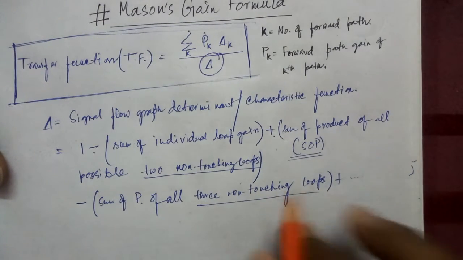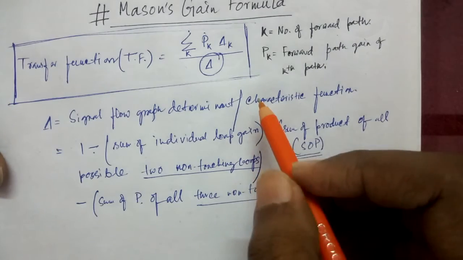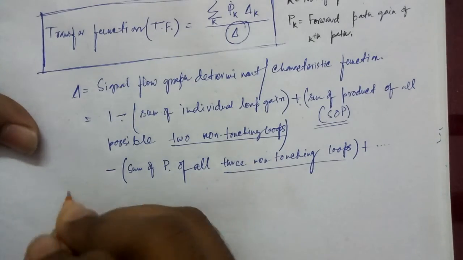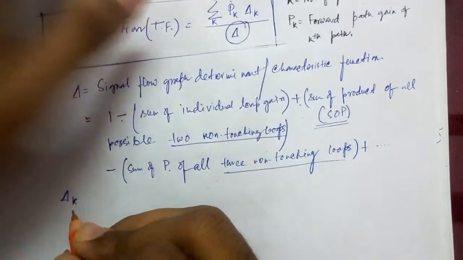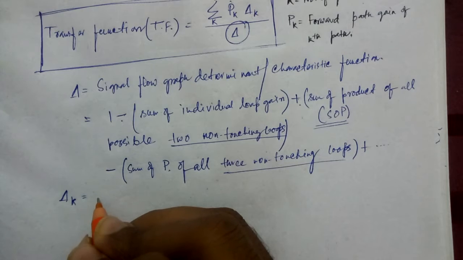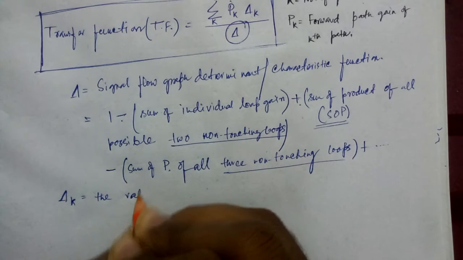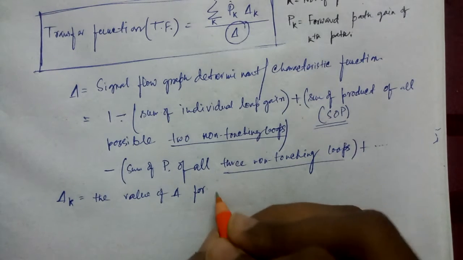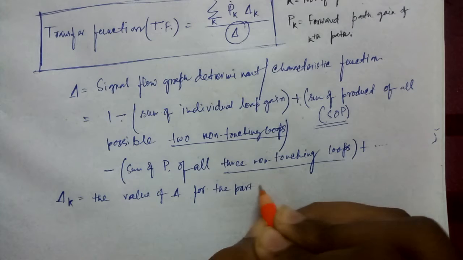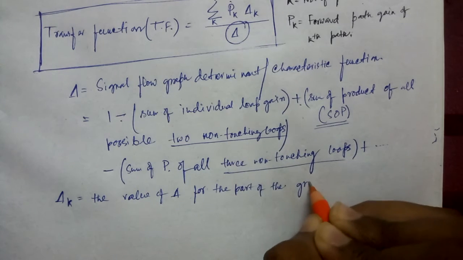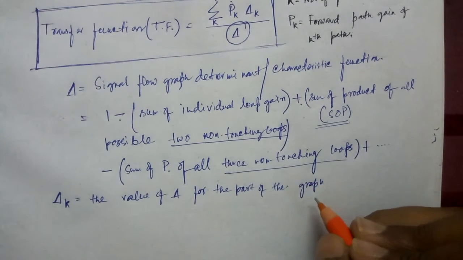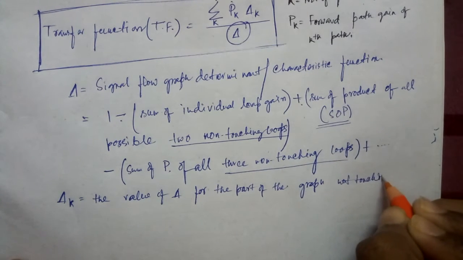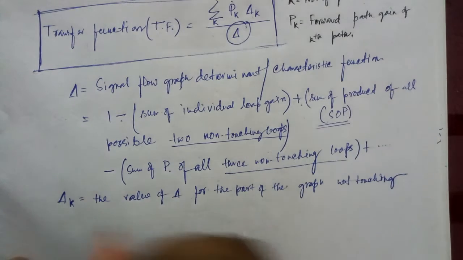But one thing is left, many students have doubt about it, that is delta k. What is it actually? Delta k is actually the value of delta for the part of the graph not touching the kth forward path.